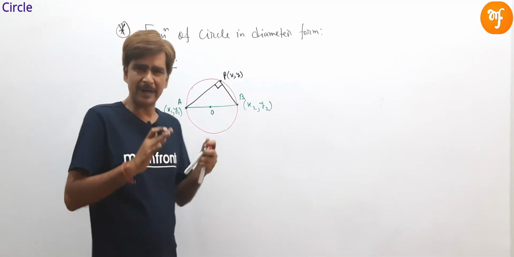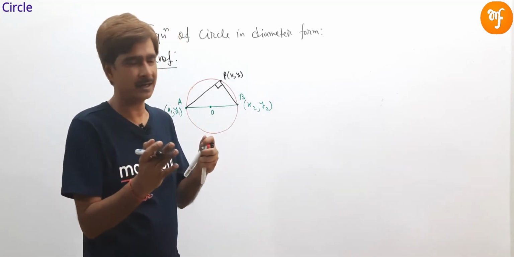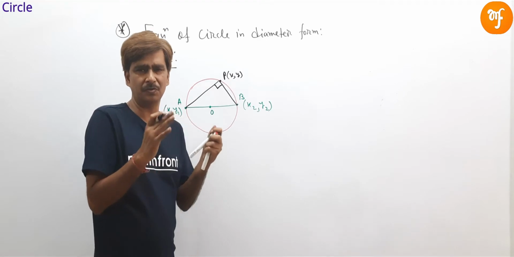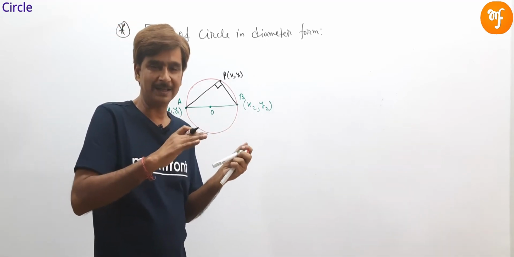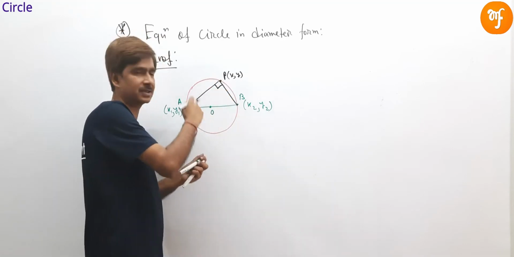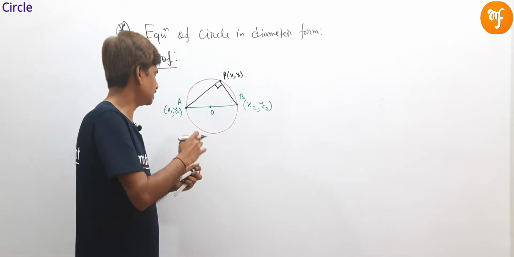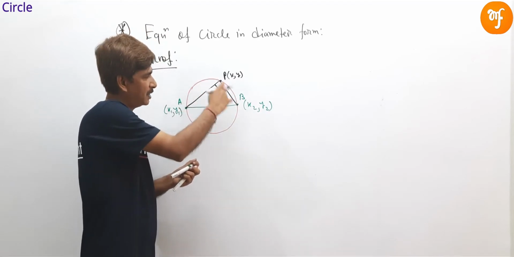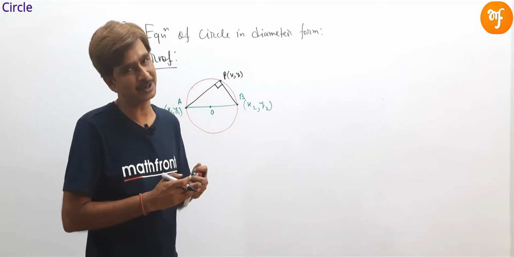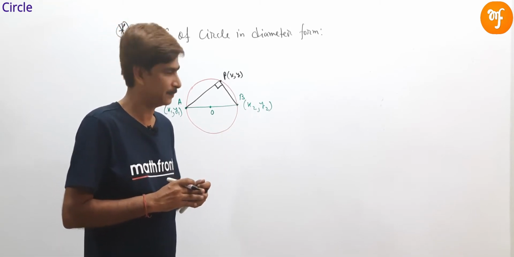Now we have to establish a relation between x, y and the known constants x1, y1, x2, y2 such that the condition of the circle, that P lies on this circle, is satisfied. The condition is that angle APB is 90 degrees. Maintaining this condition, we will find the equation of the circle.